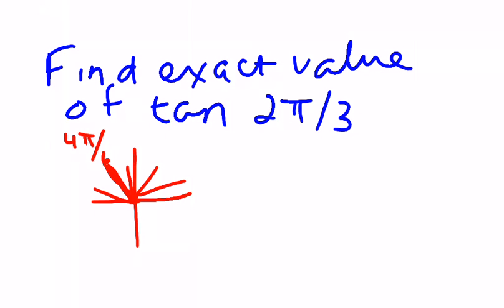So our reference angle is pi over 3, and so we need to know what the cosine and sine are for pi over 3. And so we look back at that chart, so it's the square root of 3 over 2, and then we're going to have to divide that by 1/2.